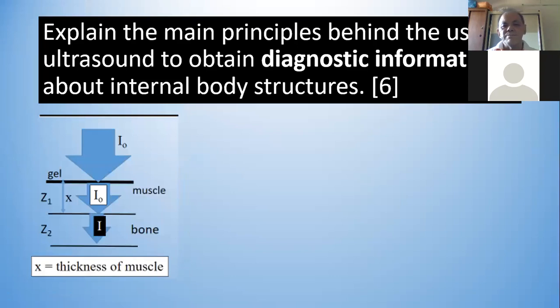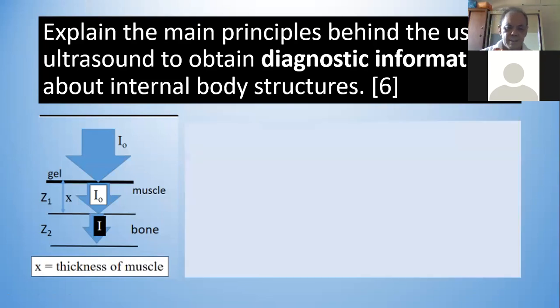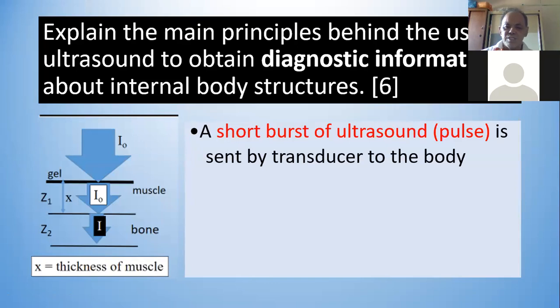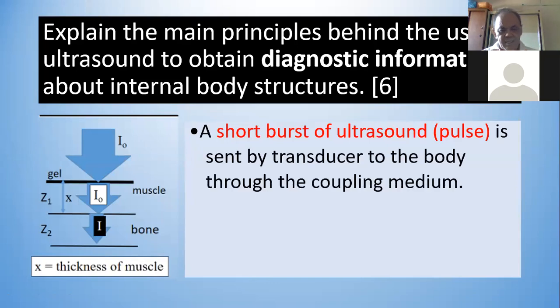Explain the main principle behind the use of ultrasound to obtain diagnostic information about the internal body structure. Basically, we send a short pulse of ultrasound by the transducer. The transducer is placed on the body with a gel.